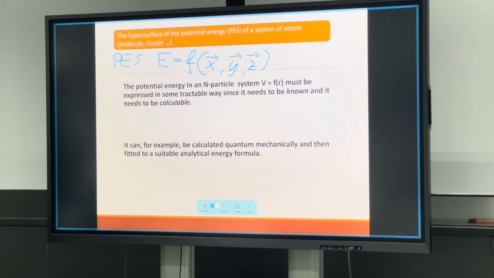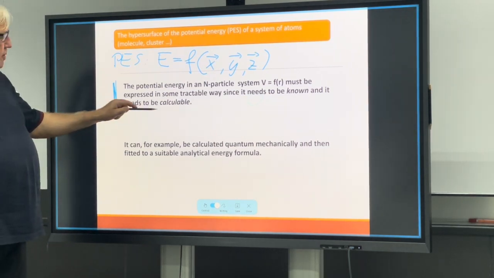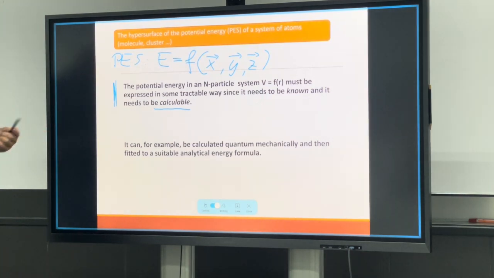So I use a standardized OH potential, or a standardized CH potential, or what have you. You desperately need it, and it also needs to be possible in practice to calculate the energy quickly if you have the coordinates.